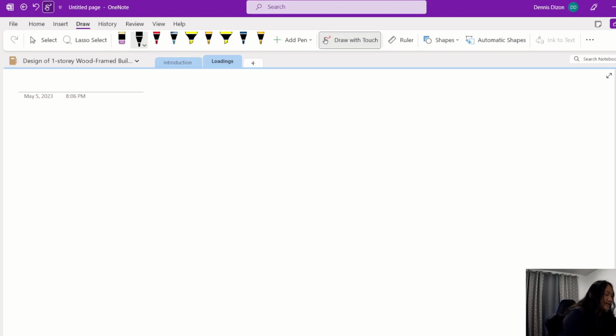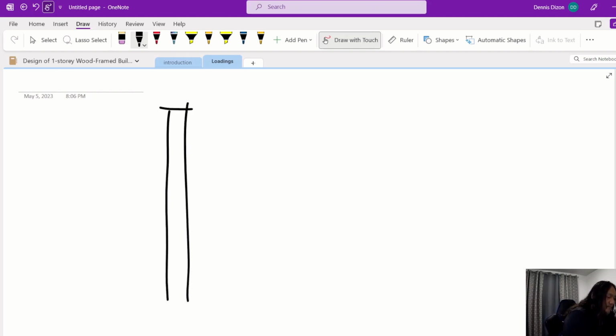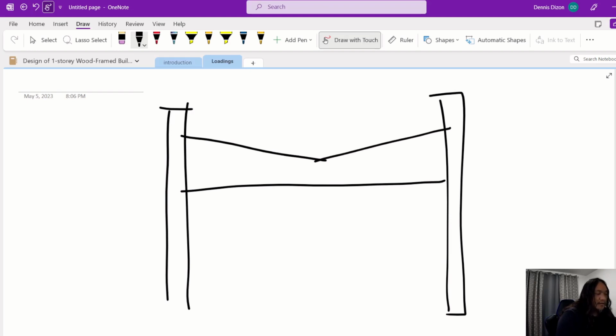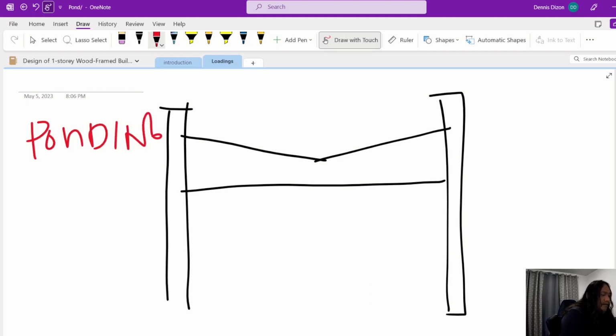So we'll have another page. On our roof structure, for the ponding, the red is ponding. So this is 4.78, and then this is 56.78.